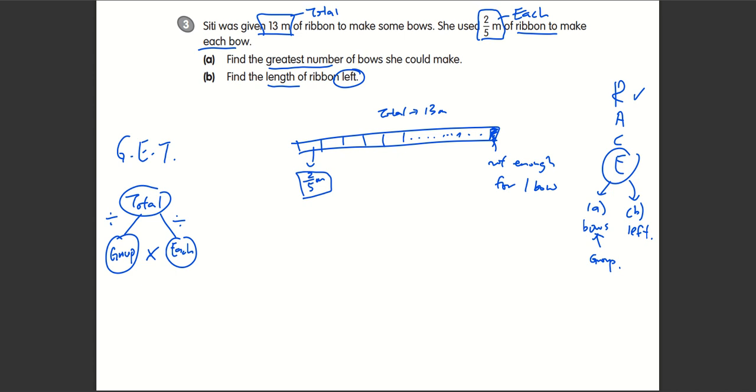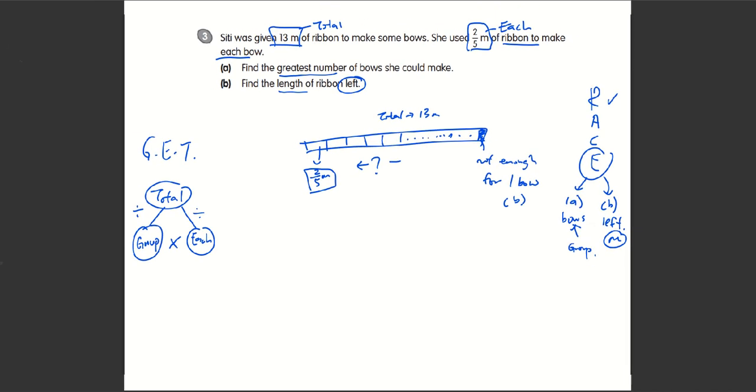So this is what it means. So part A asks for how many pieces here. And then here asks for part B left. So the left one has got to do with meters, the second unit.